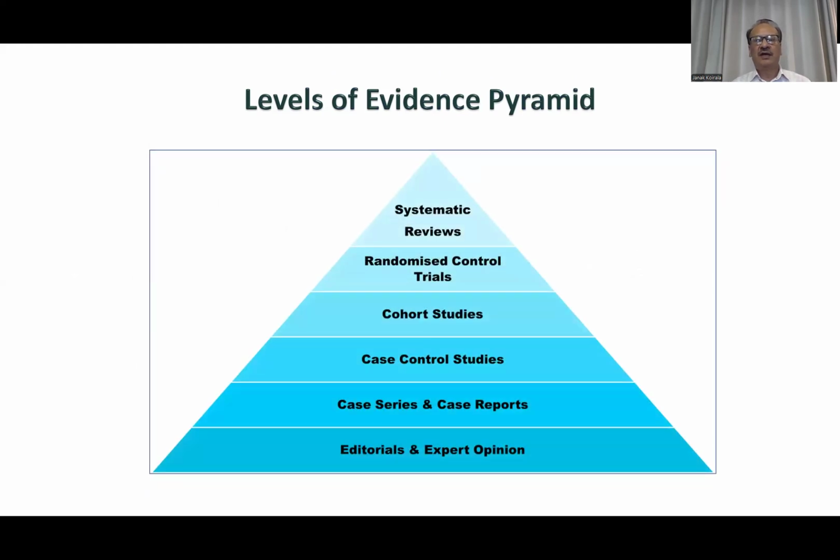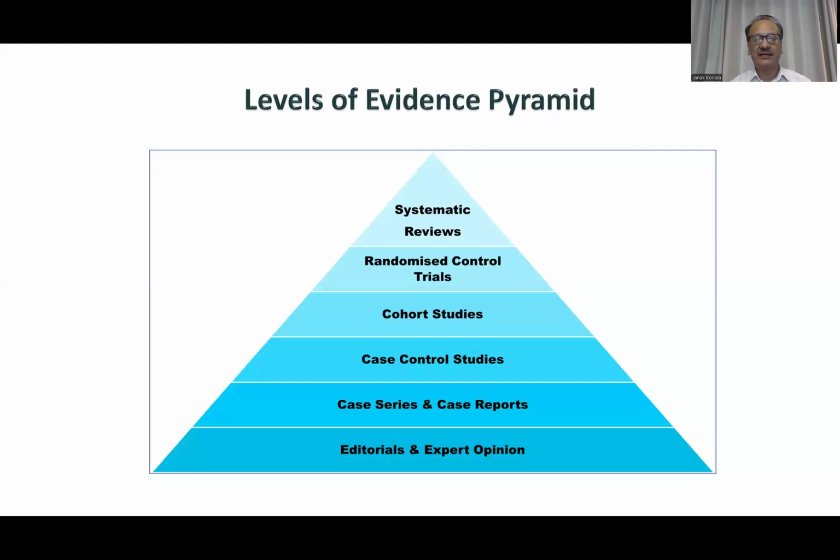So this is a level of evidence pyramid because all we're doing is generating evidence to support our clinical practice. On the base, you can see expert opinion or editorials. Usually that's also part of the expert opinion, but supported by some references. And above that is case series and case reports.